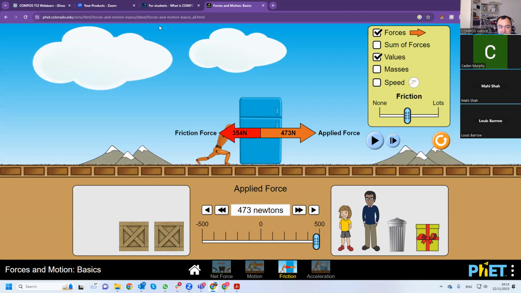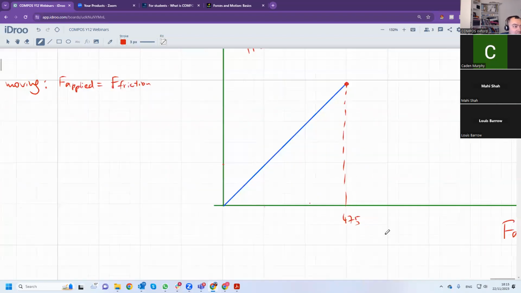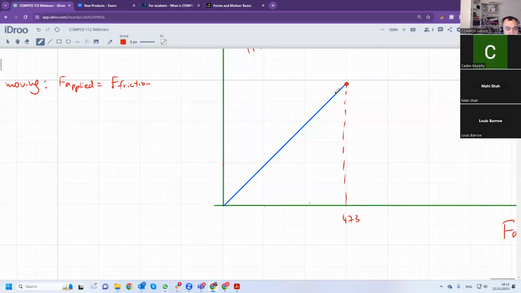Did you all notice what happened? When it reaches 473, the friction force immediately drops to 354. So this is 473, this is 354.